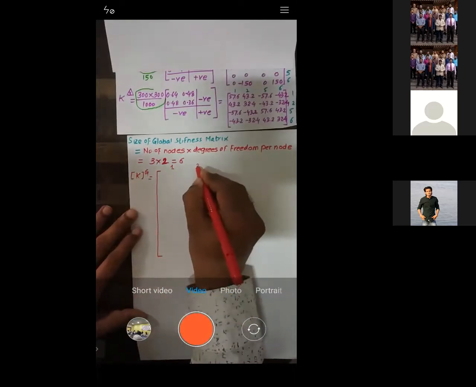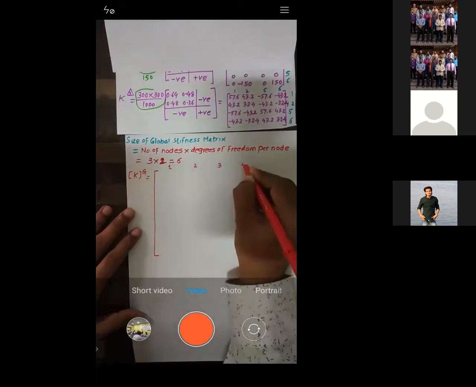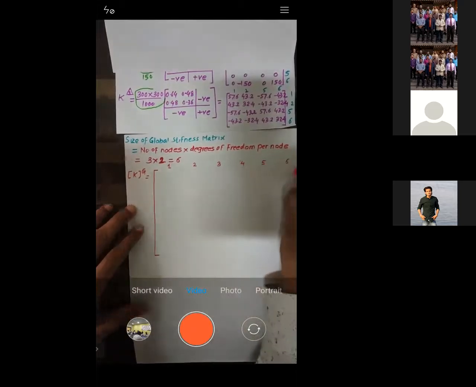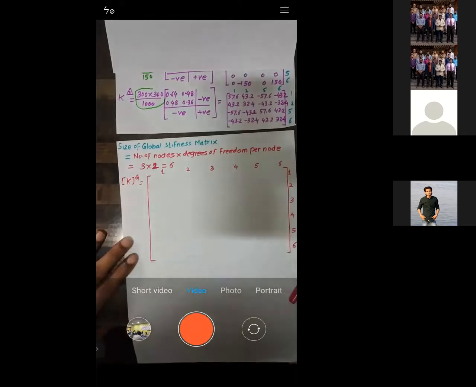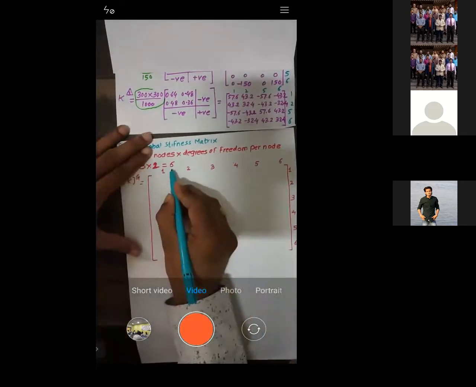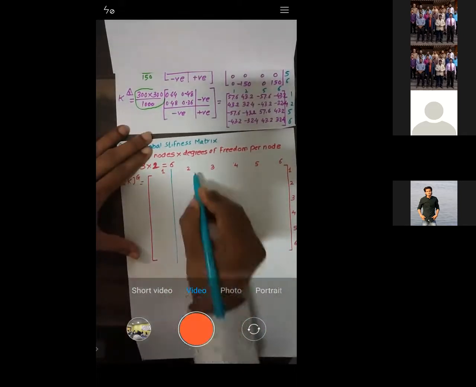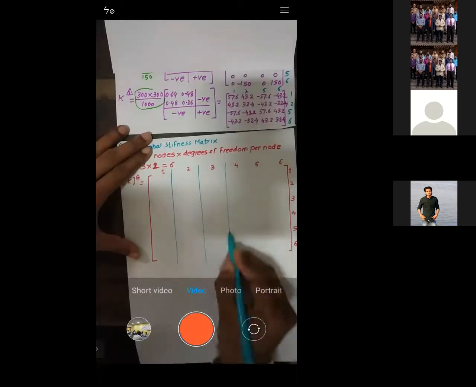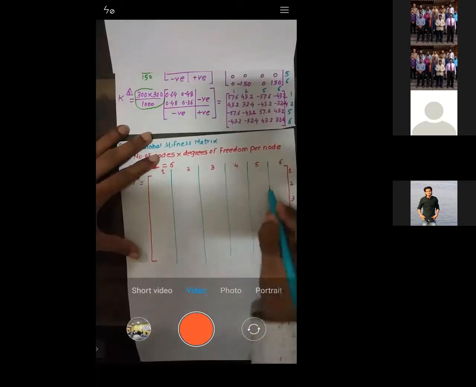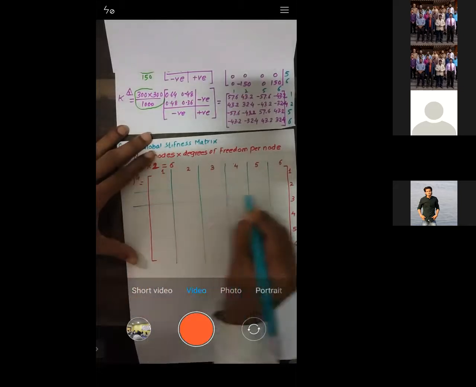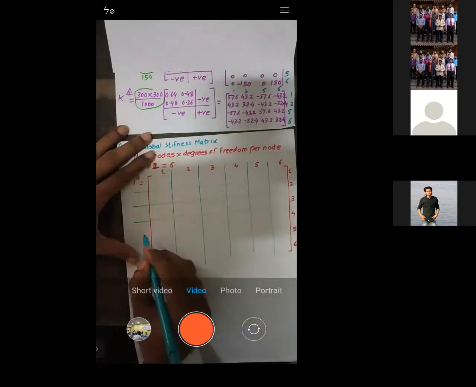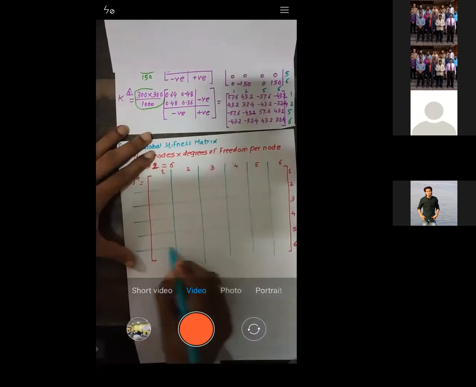So I'll just start doing that. 1, 2, 3, 4, 5, 6 for the rows and 1, 2, 3, 4, 5, 6 for the columns.